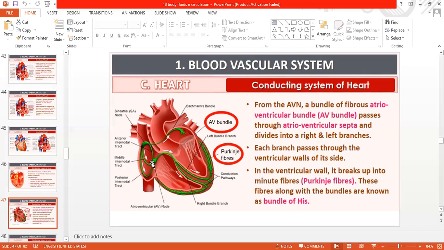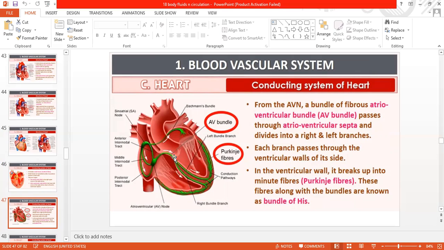From the AV node starts a bundle of fibers, the atrioventricular bundle, which is known as the AV bundle. If you can see, it is passing through the atrioventricular septa.